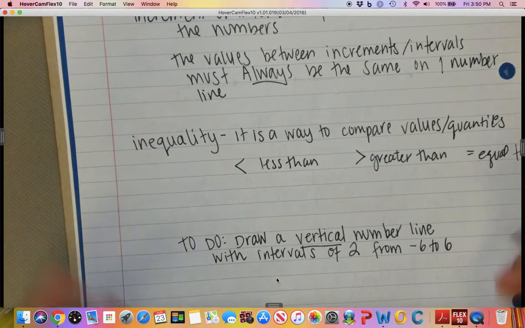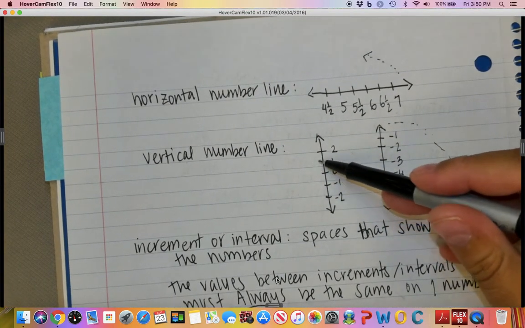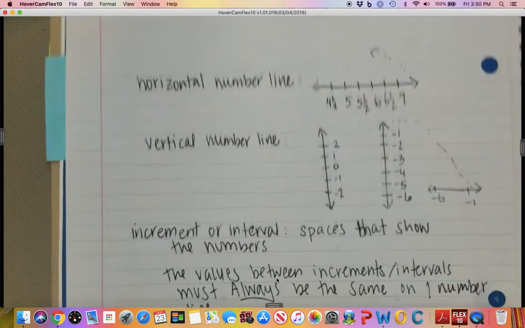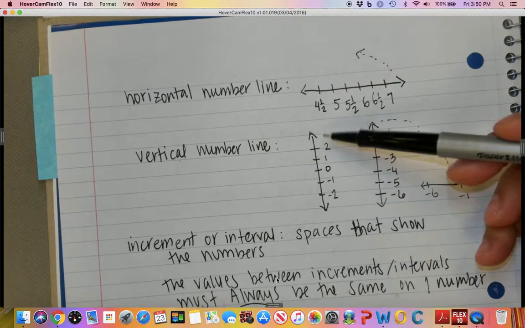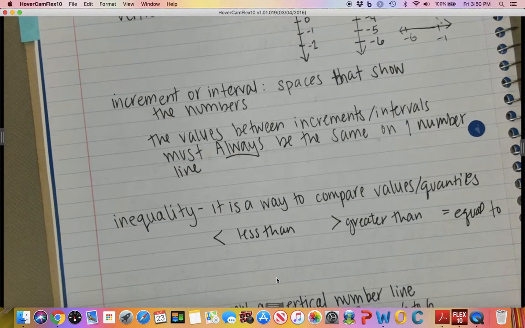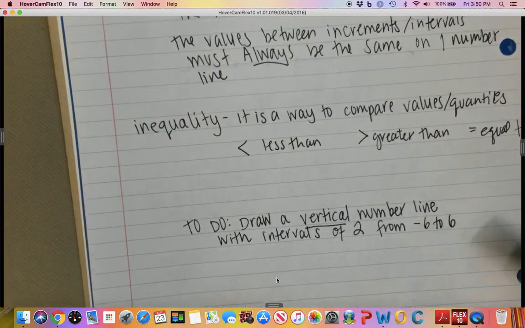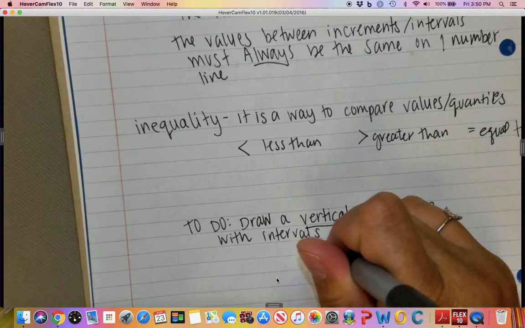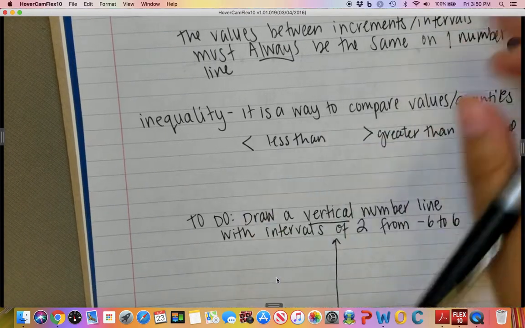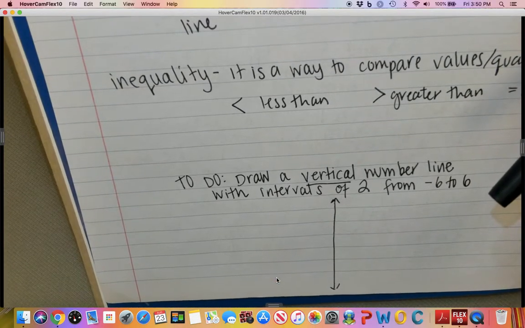So remember, your intervals are these things that you're counting by. A vertical number line is a line that is up and down, and your higher numbers are closer to the top. So you're going to solve that on your paper here, and then tomorrow when you come in, we're going to talk about it and check each other's work.